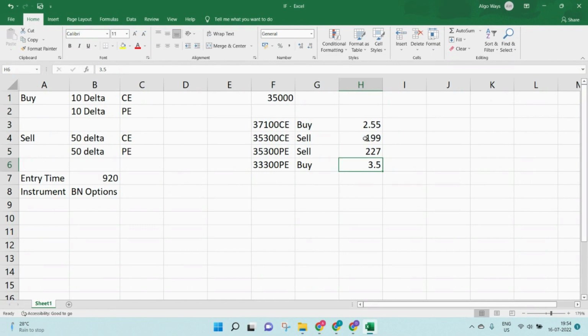Okay, so this is our initial position which we have taken at 9:20 a.m.